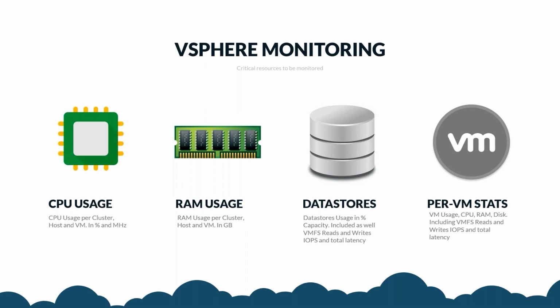And data stores, I'm pretty sure you are really interested to know how much data store every VM is consuming, and probably the VMFS reads and writes, IOPS, and total latency. And I'm pretty sure as well that you would like to get per-VM stats. So you can just filter per VM and focus on a specific VM in a specific time range, so you can see how much CPU, disk, and everything is consumed outside of the vCenter itself. So that's what we're going to see today.